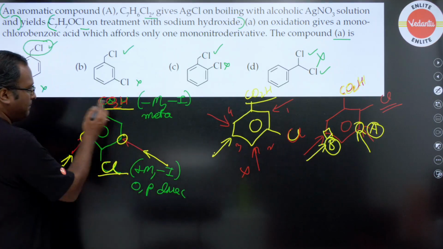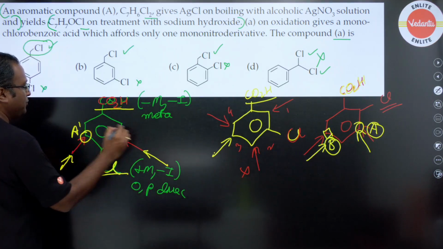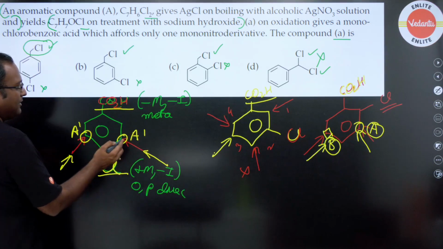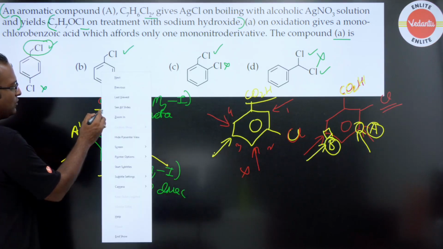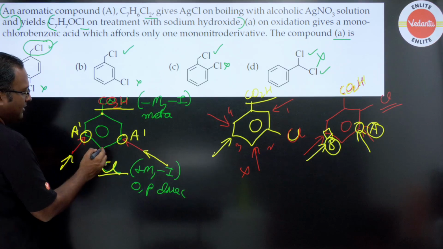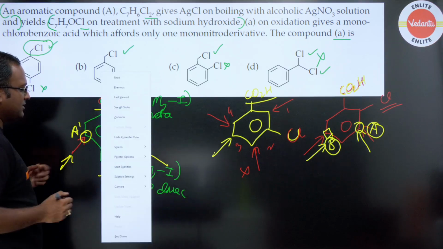But if you talk about compound A, here these 2 positions are identical. They are the second position with respect to this carbon and they are the first position with respect to the Cl carbon.